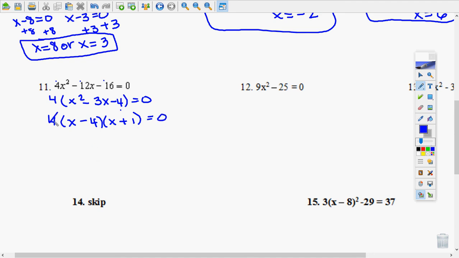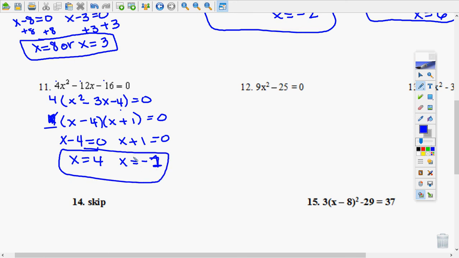Right? The 4 doesn't count anymore because he doesn't have a letter or anything. So basically we just divide him out. So he's gone. So then we set each of these factors equal to 0 using that 0 product property. Add 4 to both sides. Subtract 1 from both sides. So we have our solutions.